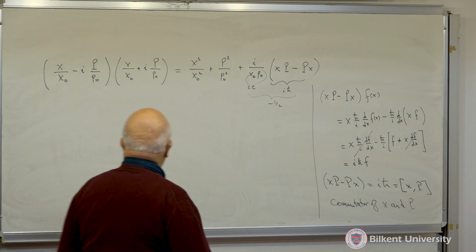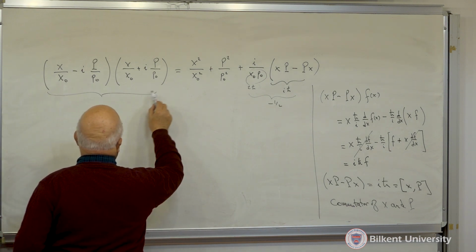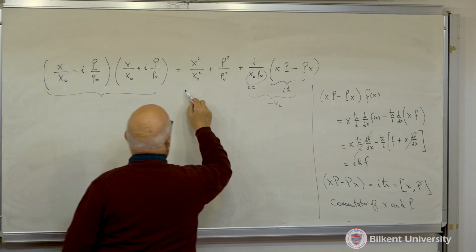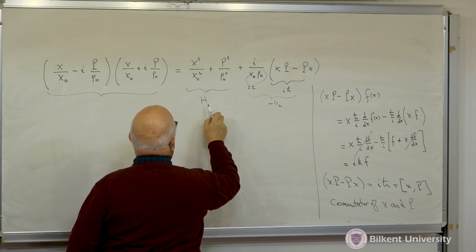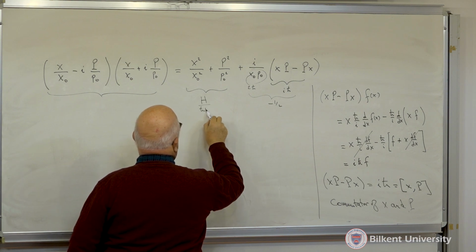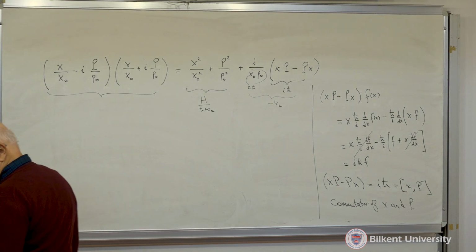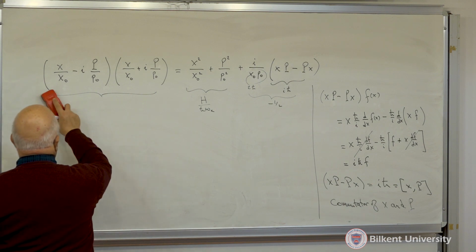So this was my Hamiltonian. This whole thing was, oops, not that one. This one was H over h bar omega c. And these things I am going to give names, because I don't want to keep writing them.